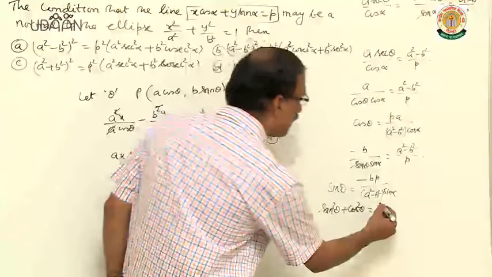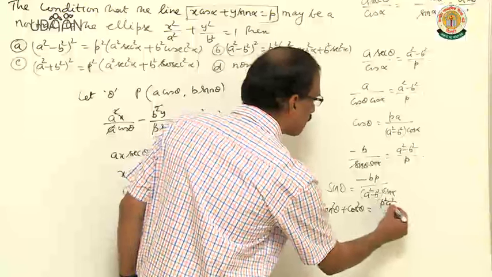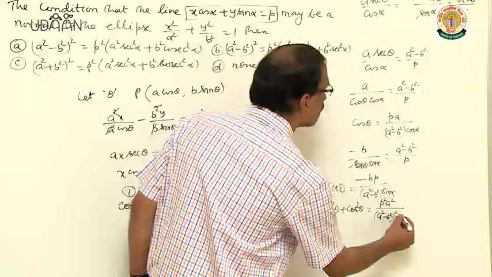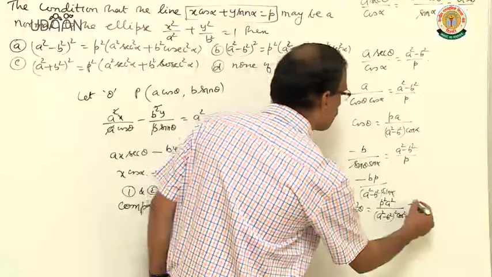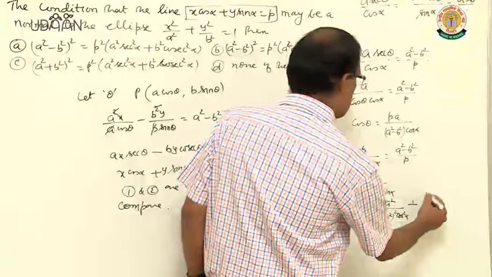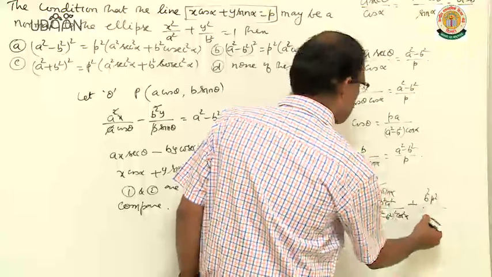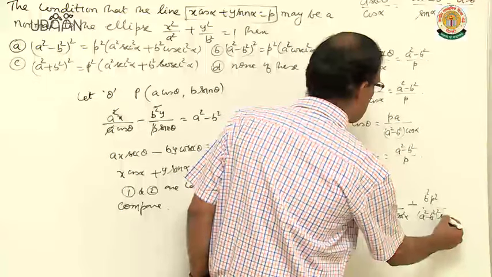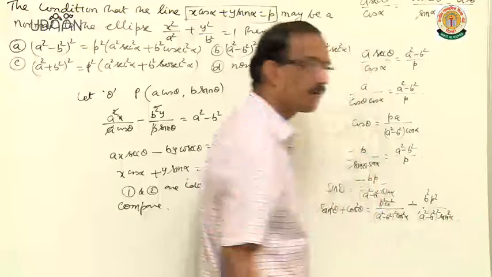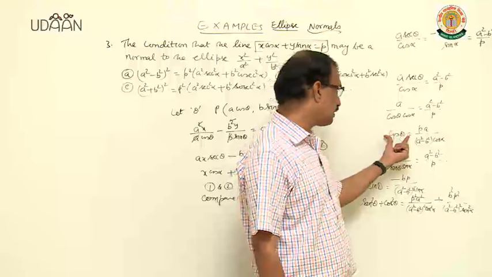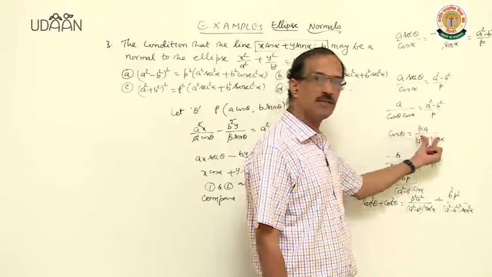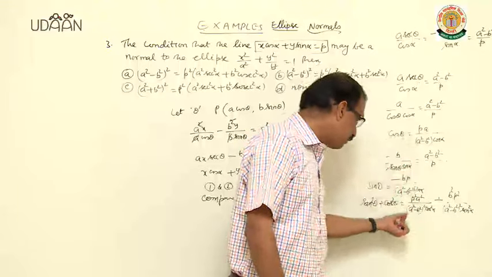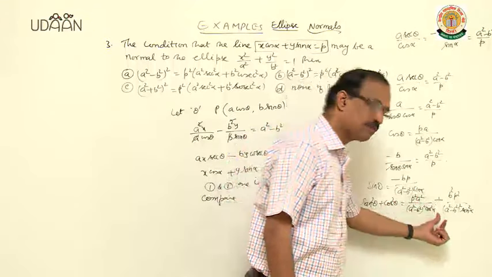If you add up, what will you get? p square a square upon a square minus b square the whole square cos squared alpha plus b square p square upon a square minus b square the whole square sin squared alpha. So squaring cos theta and sin theta and adding up, we get sin square theta plus cos square theta equal to this.